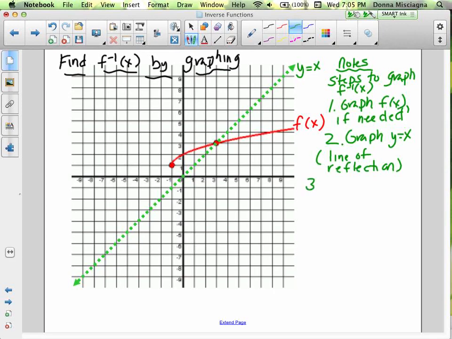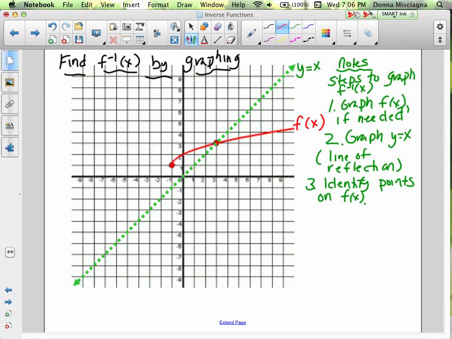Third step, identify points on f of x. On your original function, you want to identify some points. Let's do that right now. All right, so we have the two with the big red dots on them, but we have some other ones too.